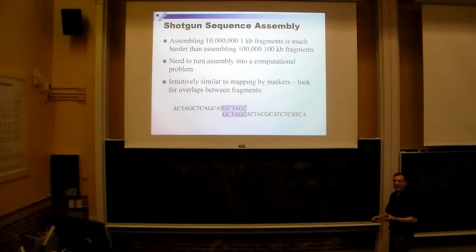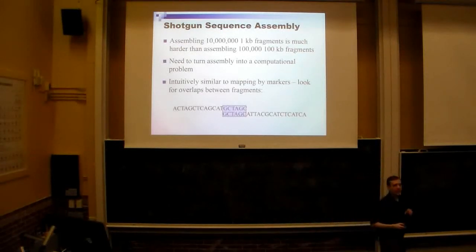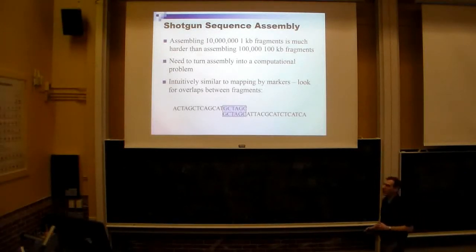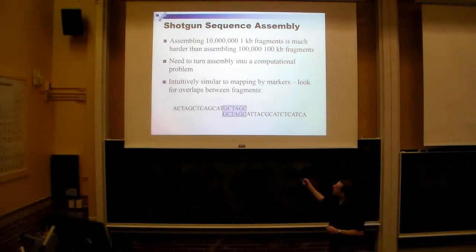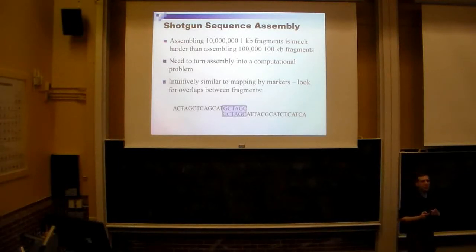You really could not have had the genomic era we have today without computational biology, without these kind of assembly algorithms. So this is something that has really radically changed the way a lot of biology is done, and I think that's a useful thing to know about. So I do want to spend an appreciable amount of time talking about how this process actually works. At an intuitive level, it's not so different from what I was showing you with the mapping techniques.